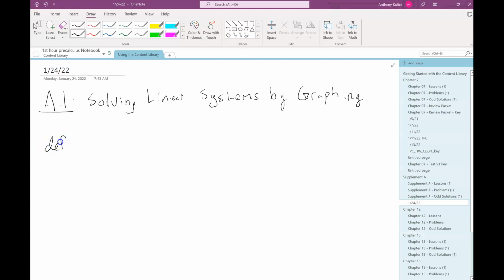We'll start by defining what we mean by a system of linear equations.